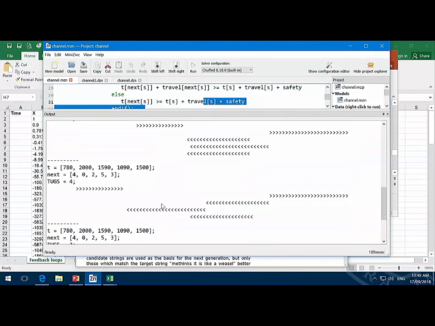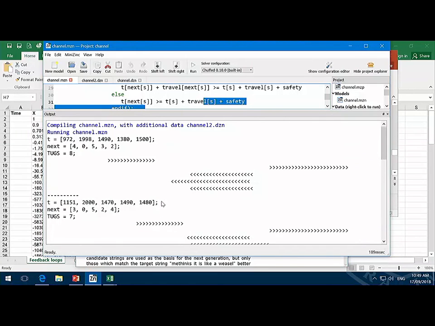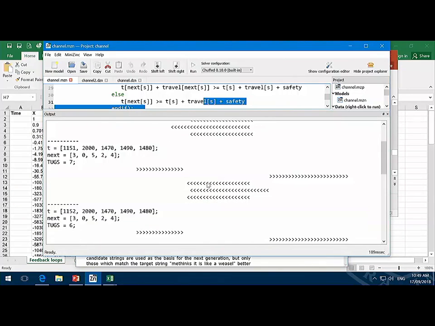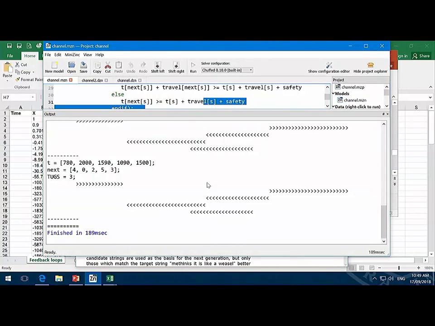Okay, you can see that's different. The first solution we found had 8 tugs, because it just tried to run them all at the same time, and we found better and better solutions until we eventually found a 3-tug solution. So I challenge you to work out that 3-tug solution; it's quite tricky.